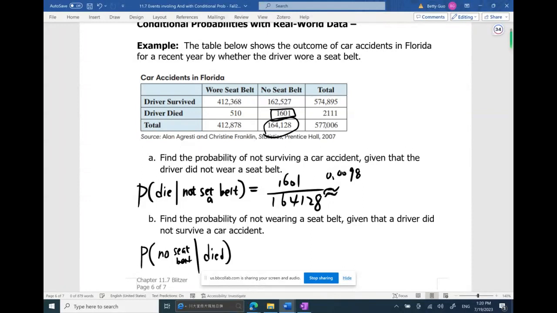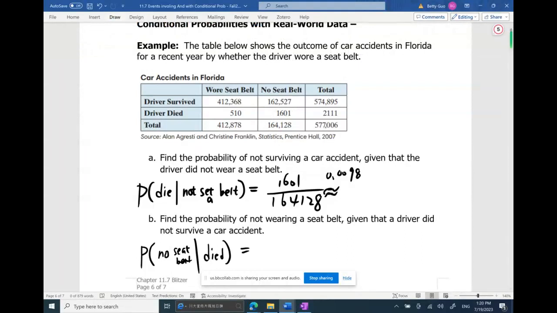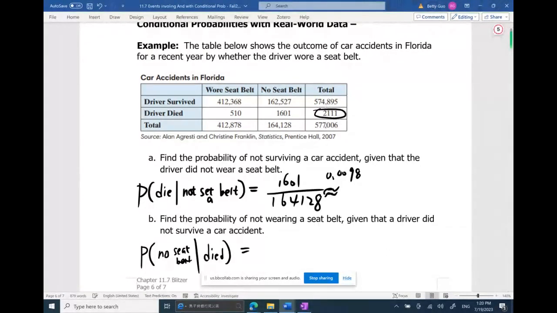In this case, our sample space also shrunk, but since we know the person already died, we consider this many people as the sample space, right?